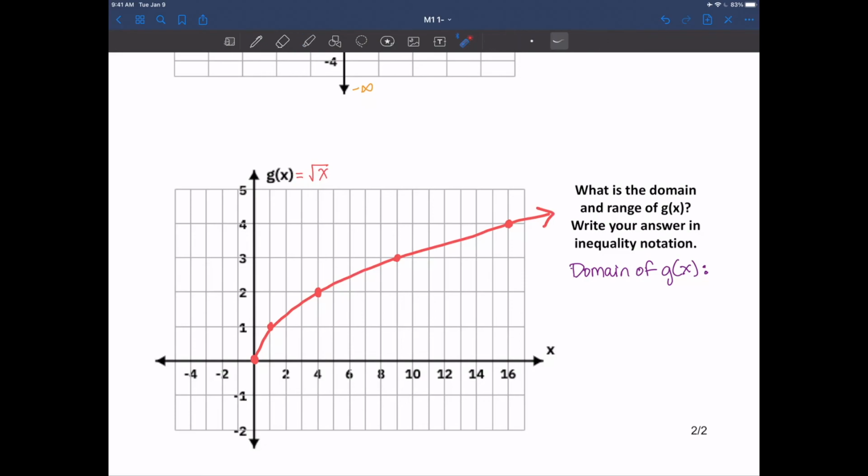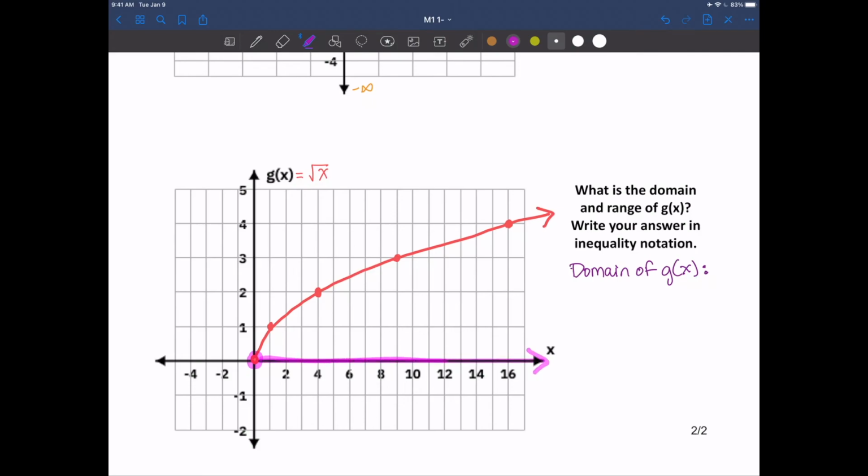So as I read from left to right, my graph doesn't exist here, but oh, this is the first place it exists, at x equals 0. Okay, so I'm going to put my closed circle here because I actually have a point at 0, 0. X equals 0 can be plugged into this function. And all of these x values are covered.